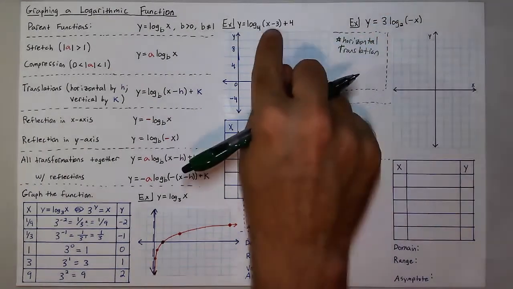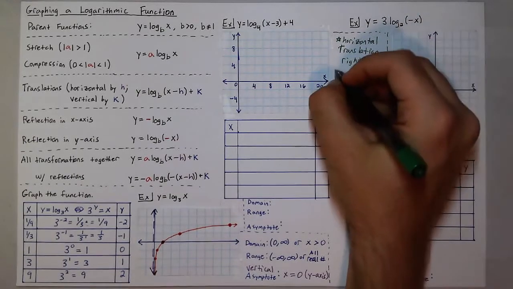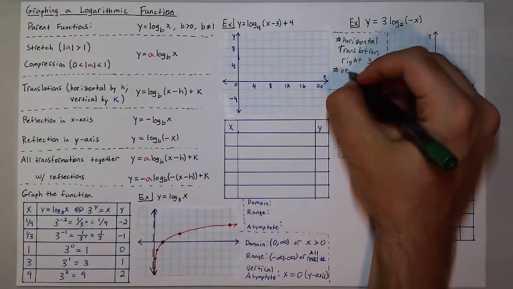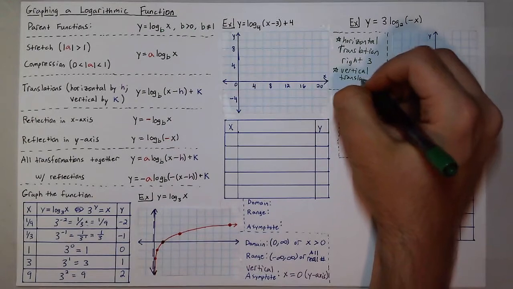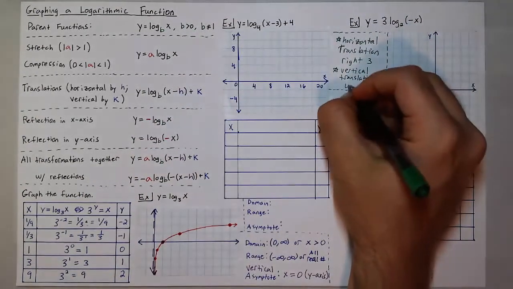And since I'm subtracting 3, that means I go right 3. And the plus 4 on the outside corresponds to a vertical translation. And plus 4 means up 4.